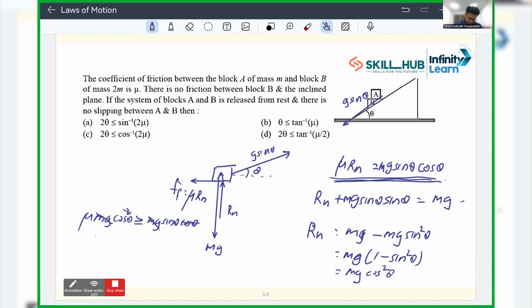Then you'll have mu cos theta is greater than or equal to sine theta. That is mu greater than or equal to tan theta. In this we can write it as theta is less than or equal to tan inverse of mu, which is option B.